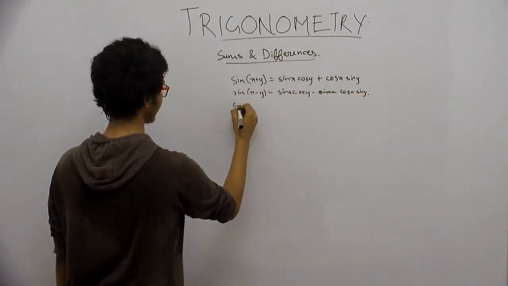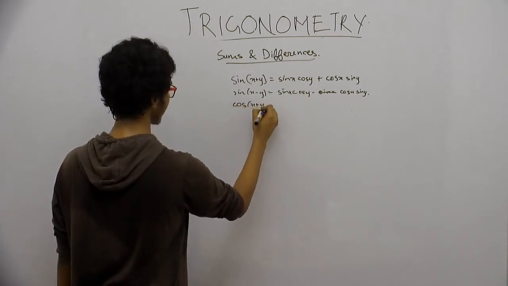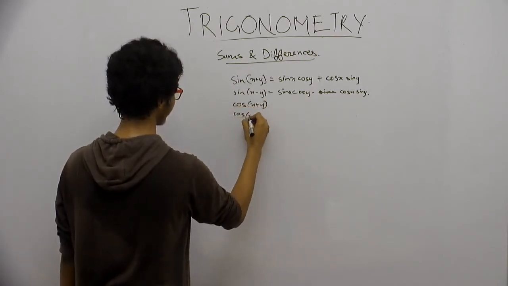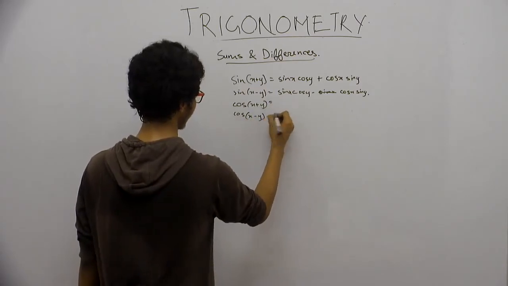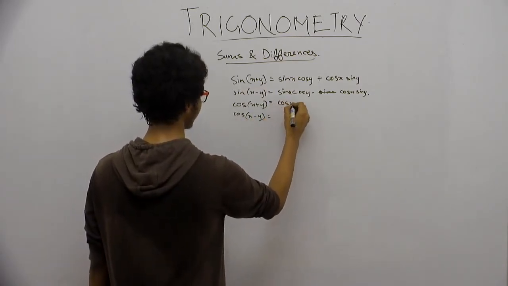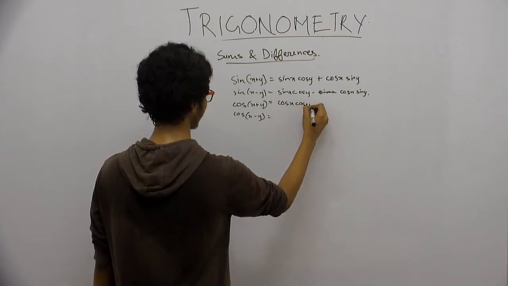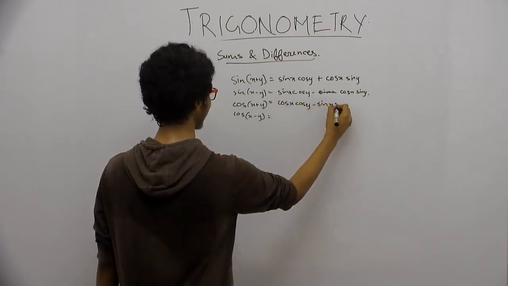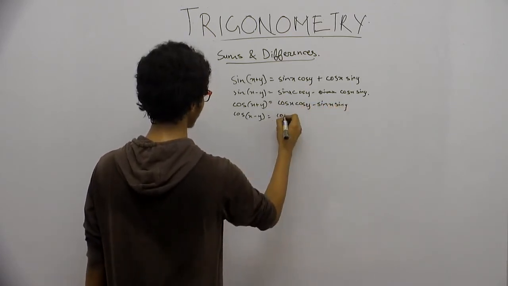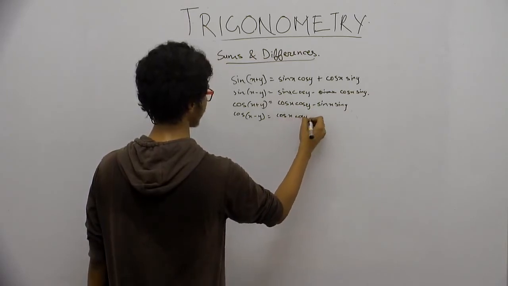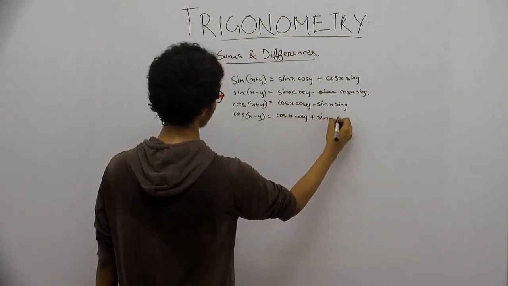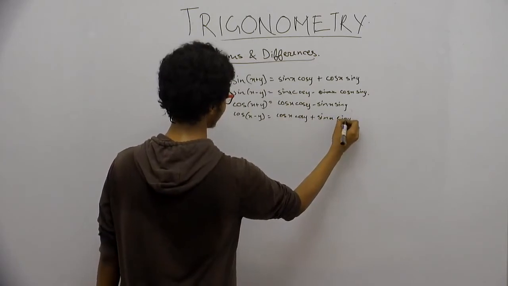And then similarly for cos: cos x cos y minus sin x sin y, and cos x cos y plus sin x sin y.